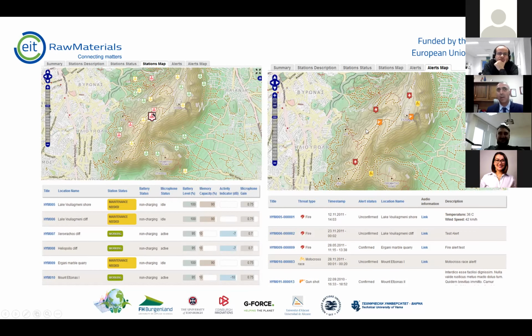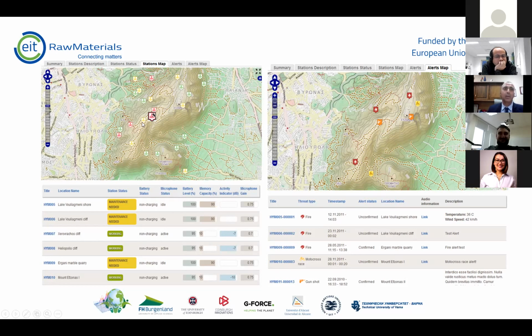in the mountain. We also have an instrument to monitor the health of each station: sometimes it needs maintenance, sometimes it is working normally, and some stations are close to maintenance.